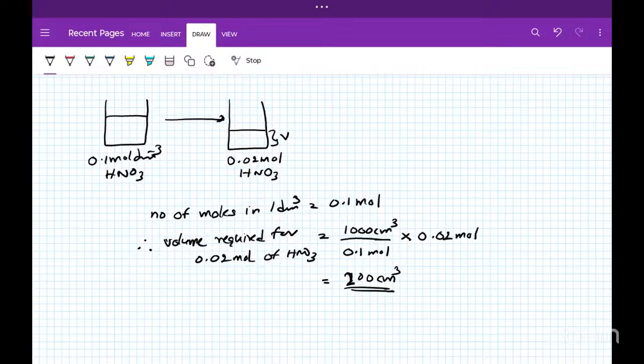The moles required is given, that is 0.02. So if the volume is 1 cubic decimeter, that is 0.1, then how much of volume is needed for 0.02? Just a ratio you have to consider. So the volume required is 200 cubic centimeters.